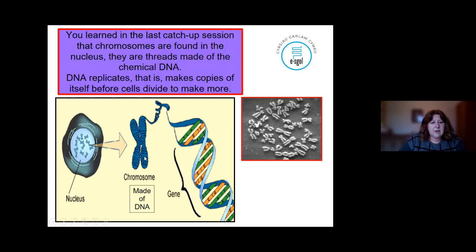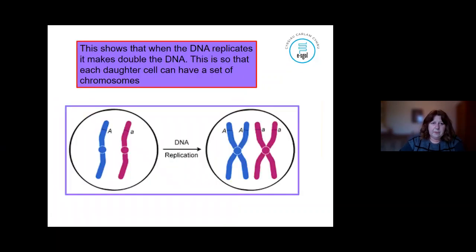Now, chromosomes are made of DNA, and that DNA is sectioned up into genes, which you heard about last week. You can see I've just popped a little image there. It's an old black and white image of chromosomes, and you can see that each chromosome seems to be made of 2 strands, and I'll come to that in a little bit, but chromosomes are made of DNA.